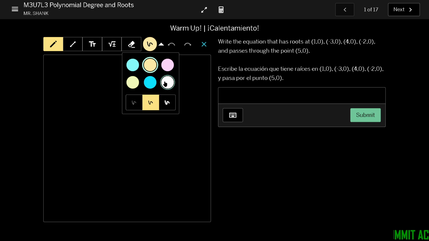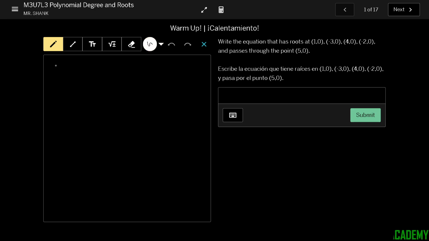And so this is what we can do. We can draw out our general equation. So our general equation is f of x equals a, which is our leading coefficient, times (x minus b) times (x minus c) times (x minus d). And let's say, since we have 4, let's go the whole way out to g.